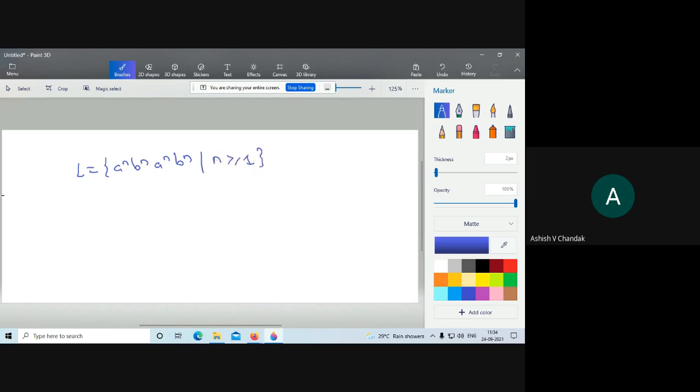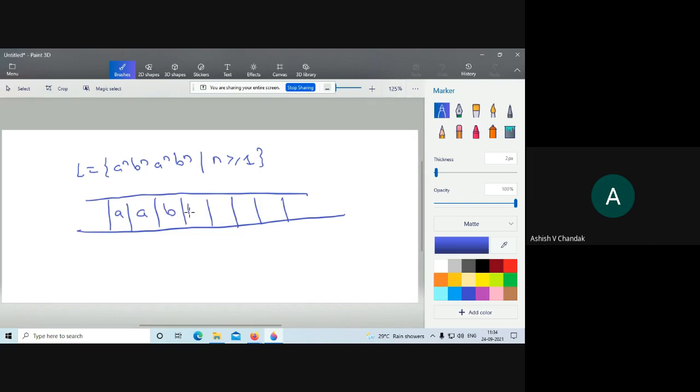Can anyone explain the logic? Suppose the input string is AABBAABB.